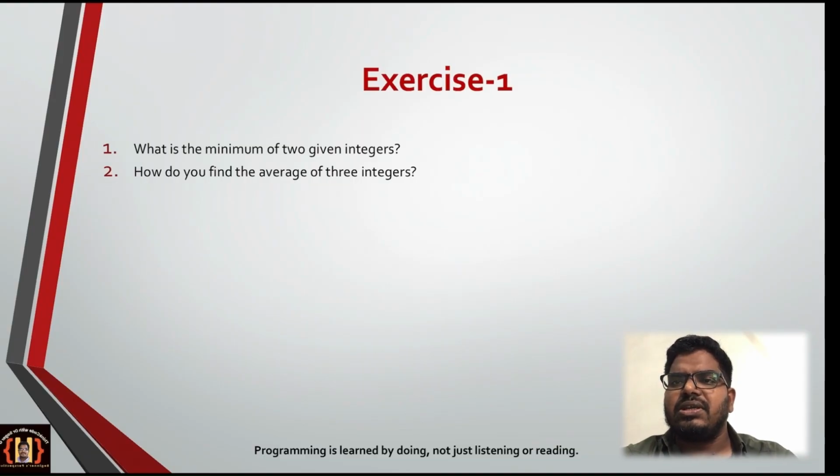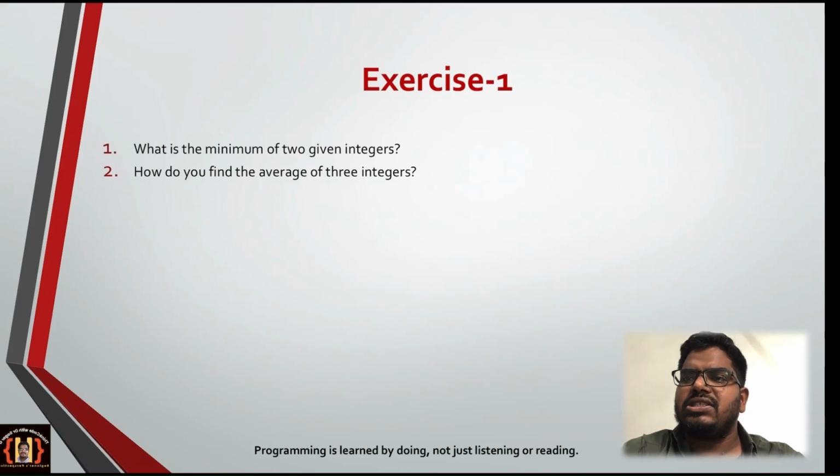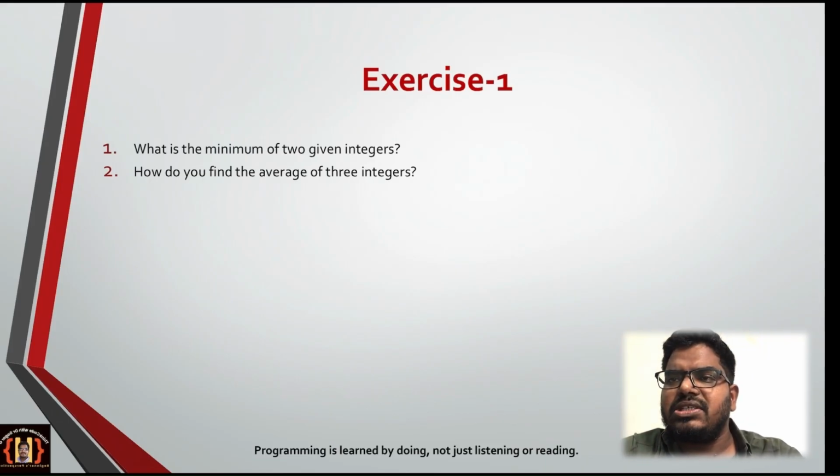Once you have found the sum, what is the next step for average? You need to divide this sum by the number of elements, and here there are three elements. So sum divided by 3 is the operation. For your reference, as you are beginners, I am giving the operators.